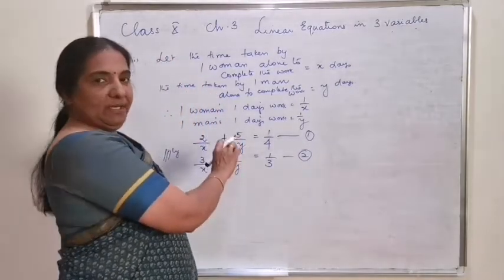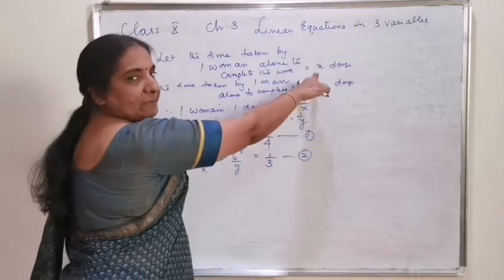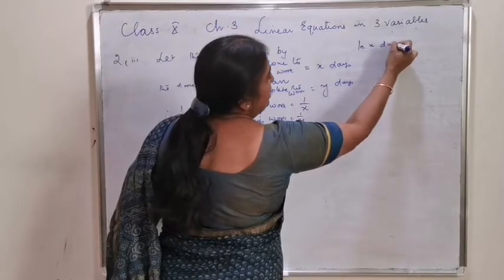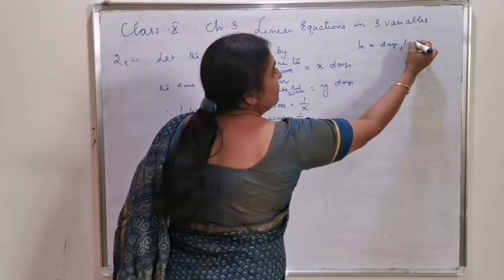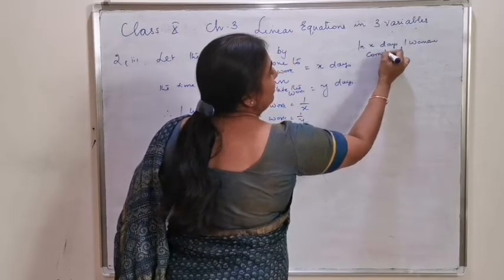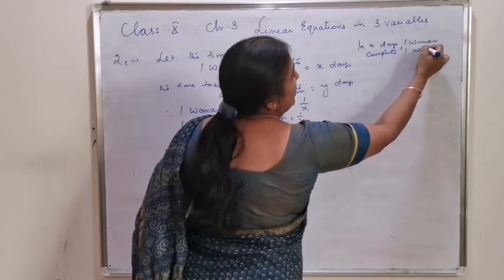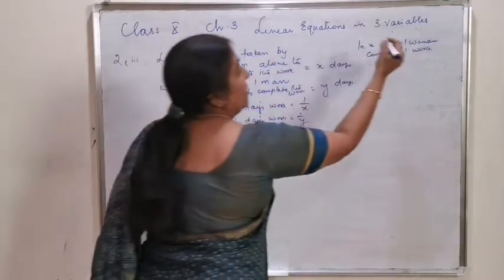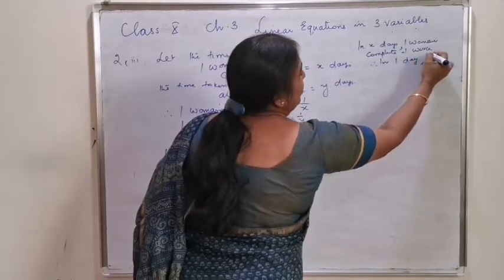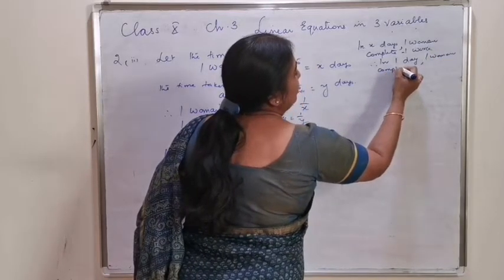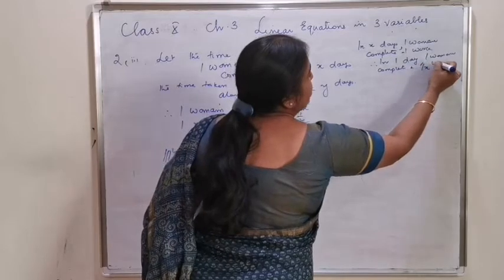To make you more clear with this, I can give you a statement from here. In x days, one woman completes one work. Therefore, in one day, one woman completes 1 by x work.